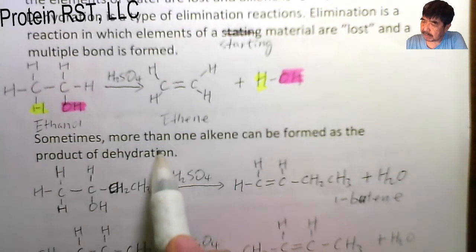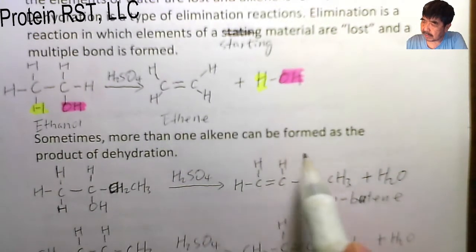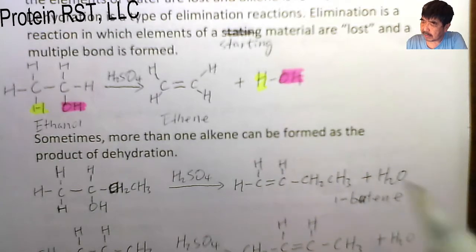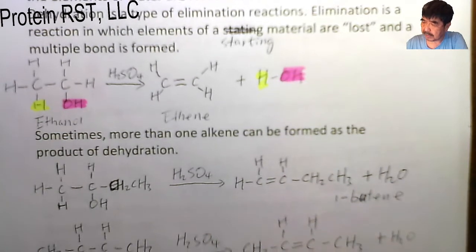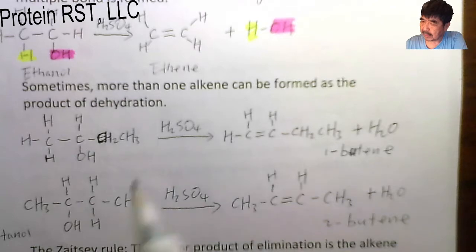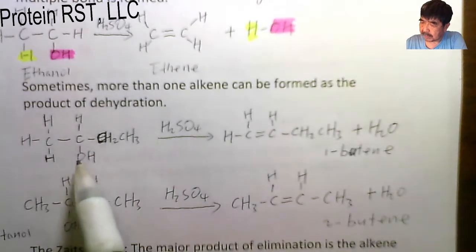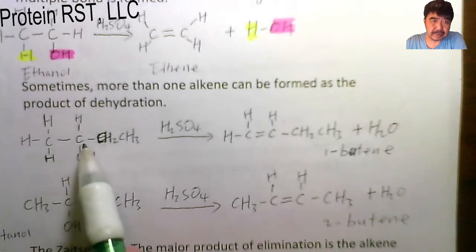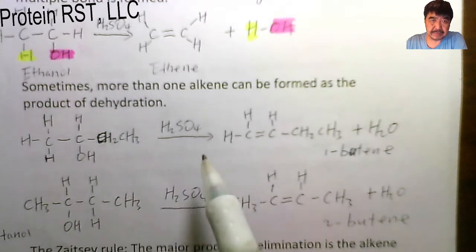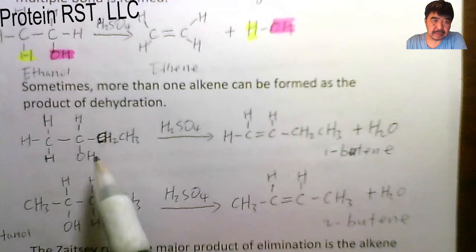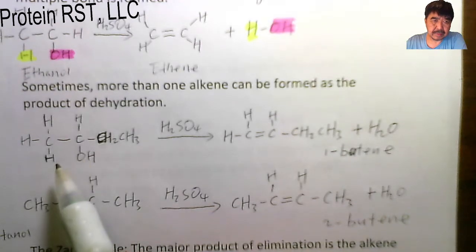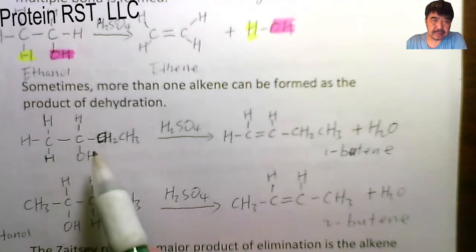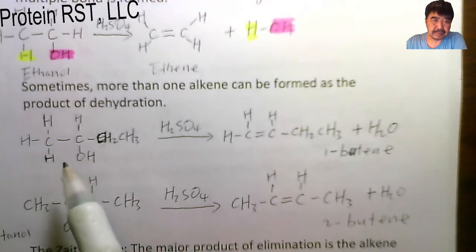Sometimes more than one alkene can be formed as the product of dehydration. Take a look at this. This is a butanol. Butanol has 4 carbons, 1, 2, 3, 4. When this molecule loses water, it depends on which hydrogen it takes.